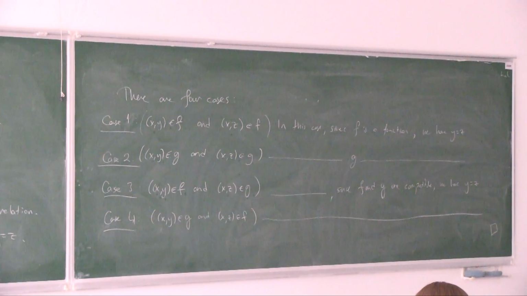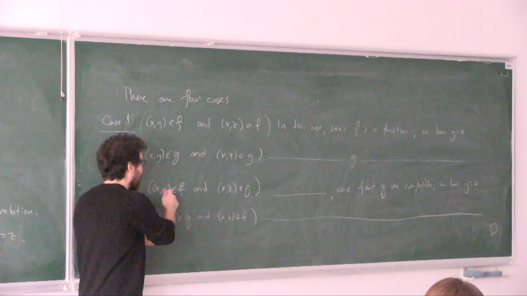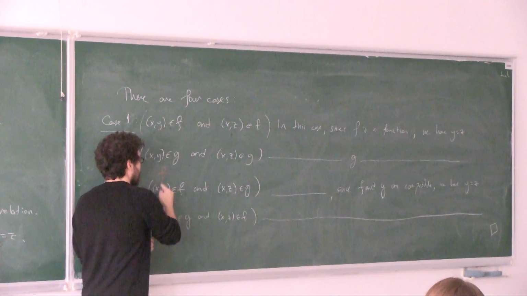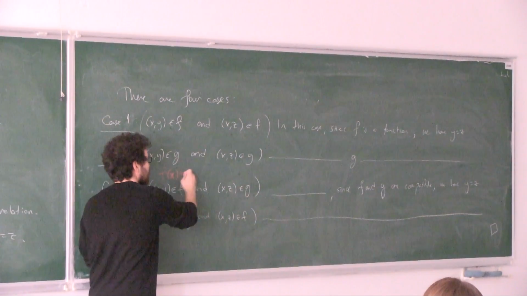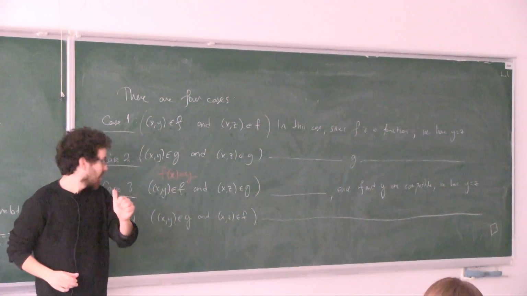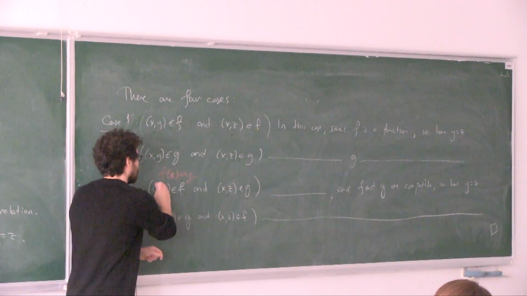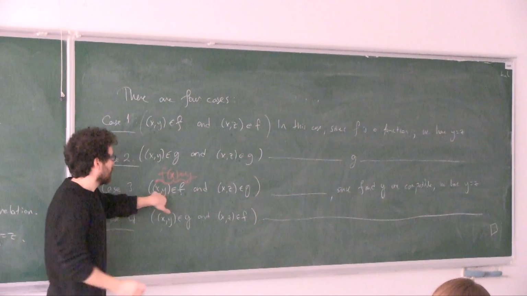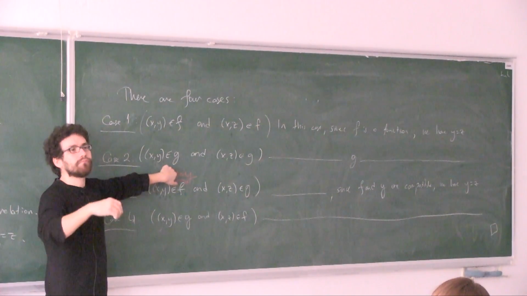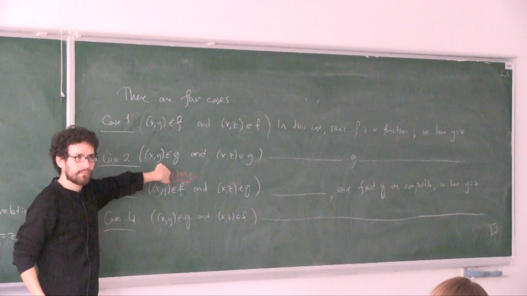We interpret this ordered pair belonging to F as F sending the element X to Y. So it's not the case that it takes two inputs. This notation simply means, in the usual sense, X is mapped to Y under F. Okay?